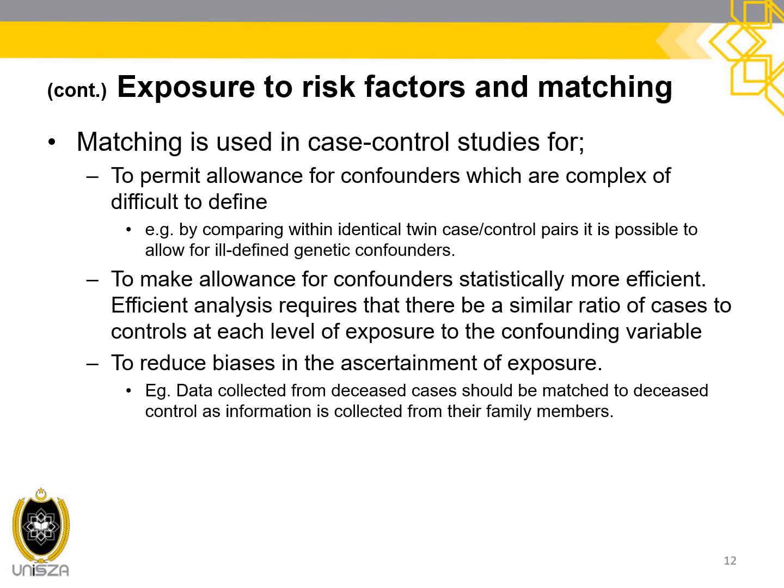Efficient analysis requires a similar ratio of cases to controls at each level of exposure to the confounding variable. Matching is also used to reduce biases in the ascertainment of exposure. For example, data collected from disease cases should be matched to disease controls, as information is collected from their family members.